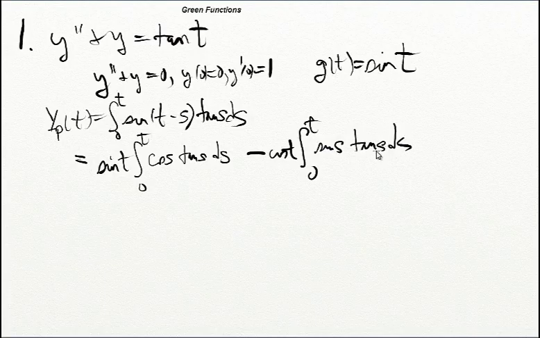The first integral is very easy to do since tangent is sine over cosine, and we just wind up with sine t times the integral of the sine function, and if you do the integral you get 1 minus cosine t here. And now for the second one, the obvious thing to do is the following.